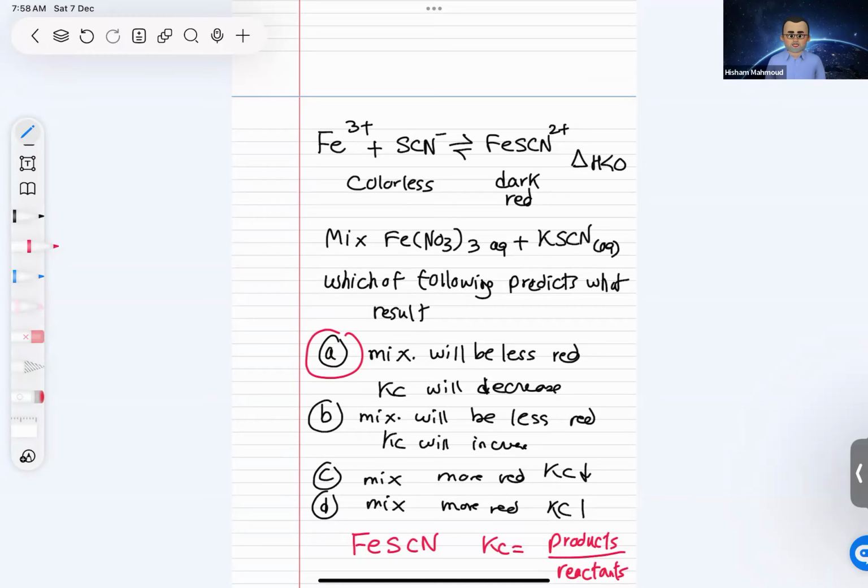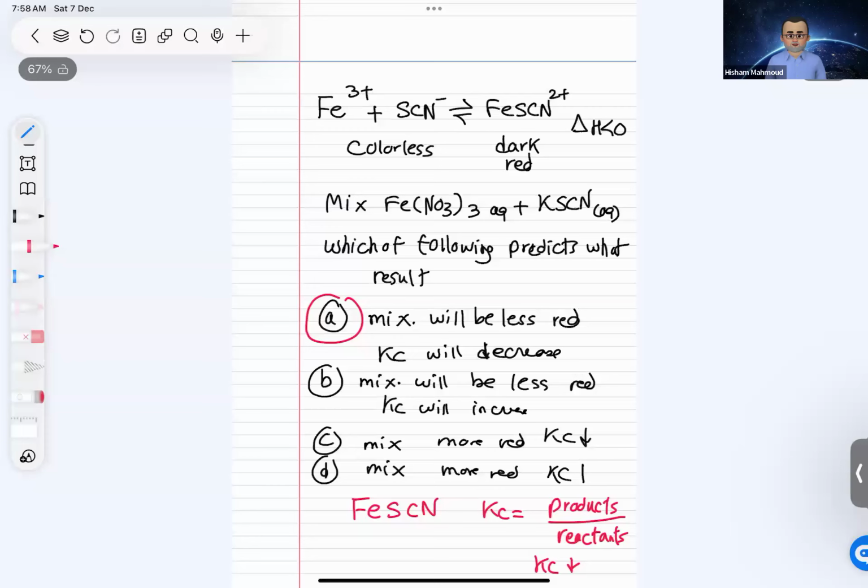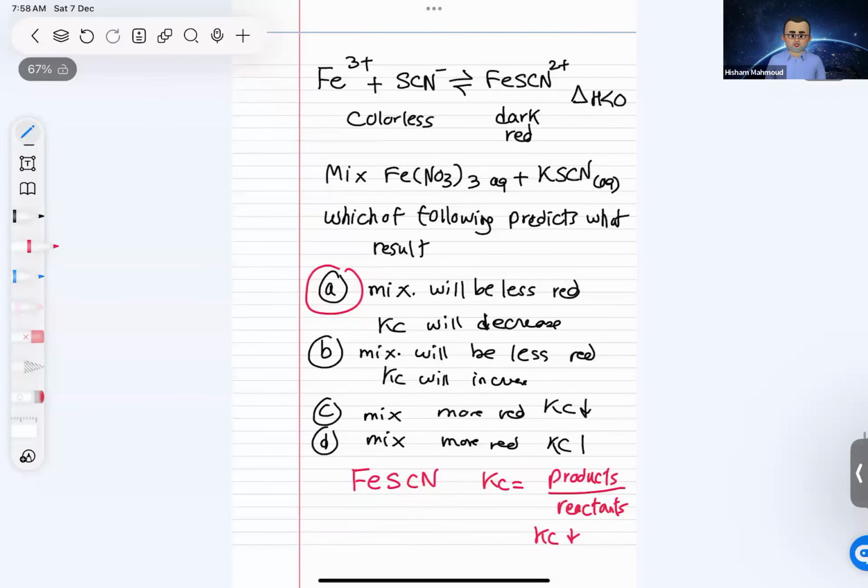That means the reactants will be more and the products will be less. Since you are increasing the denominator and decreasing the numerator, the Kc value will decrease. So it will go left and the Kc will decrease. That's a perfect answer. Okay.